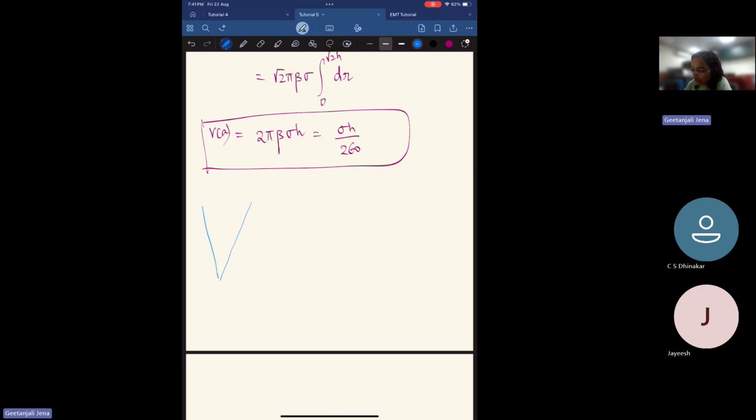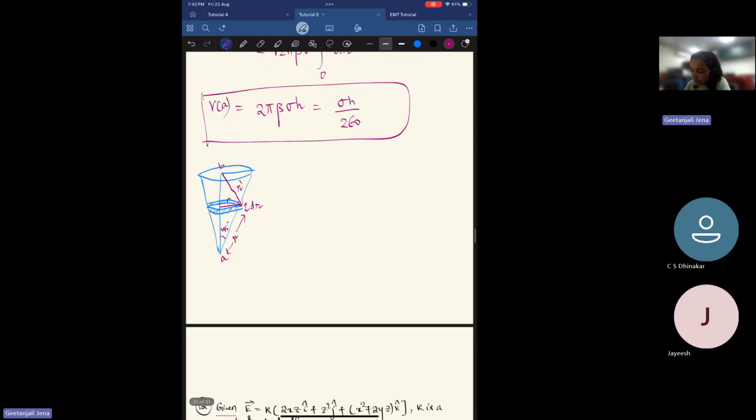Let me draw it again. We've taken a small length element here, and from point B, this distance is r prime, this is dr, and this is r. This is A, B, capital R. This angle is 45. We've calculated it.